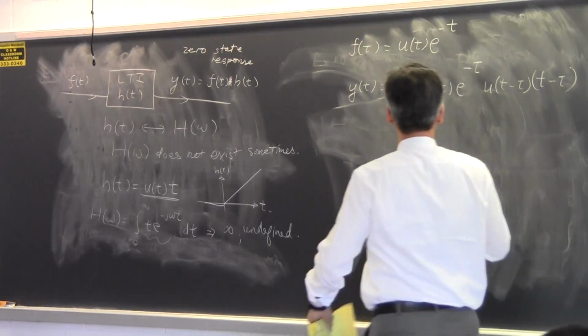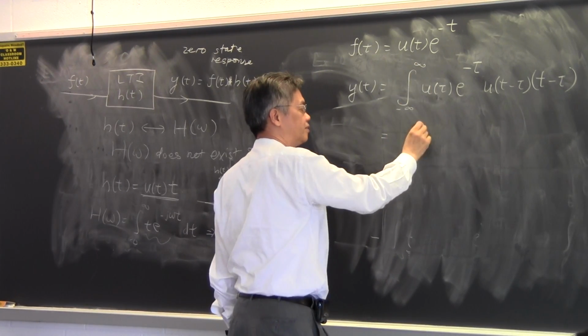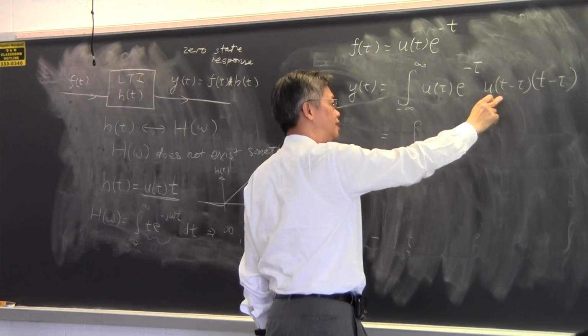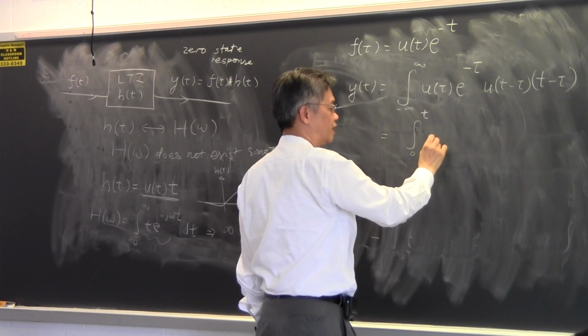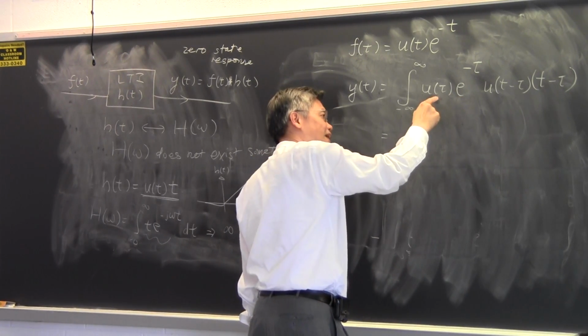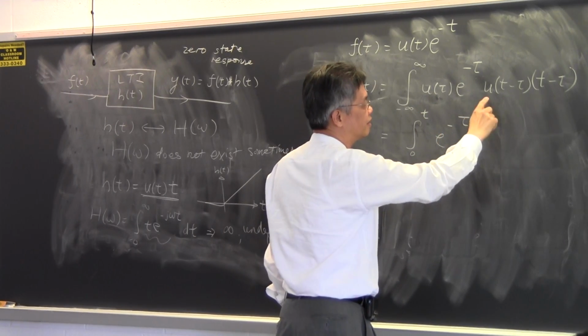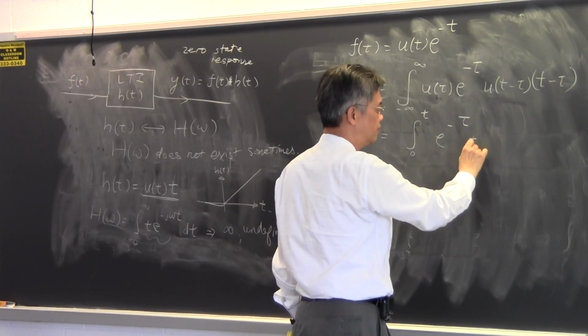I have this integral to perform, and I ask myself if it can be performed. It can, because the limit was from minus infinity to infinity, but when tau is less than 0 it goes to 0, and when tau is larger than t, it goes to 0 as well. So this integral becomes integration over this range, and that unit step becomes 1, so I can throw it out.